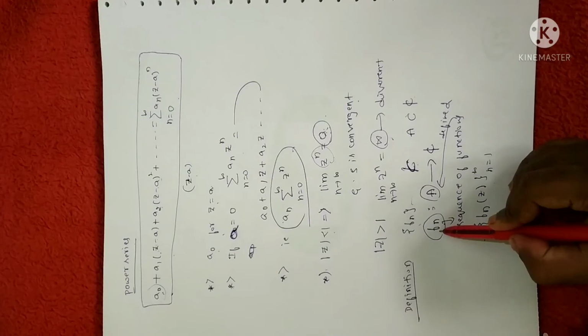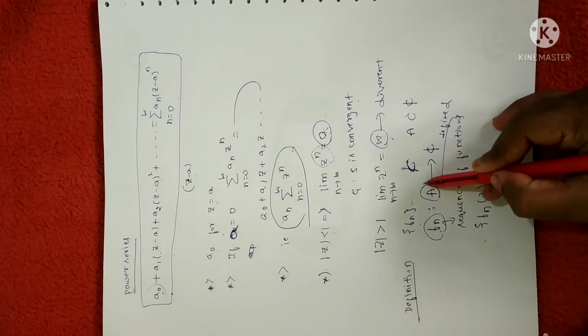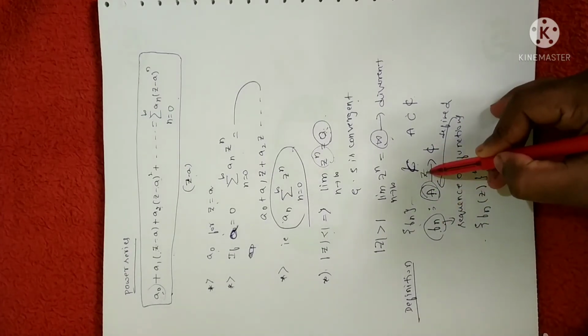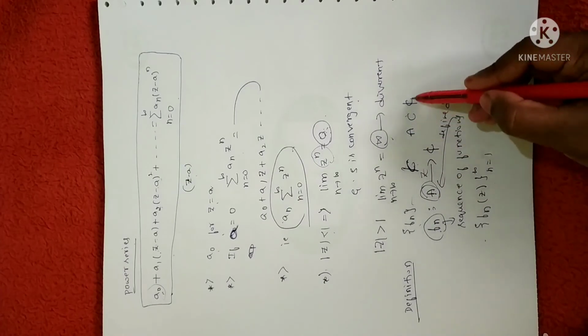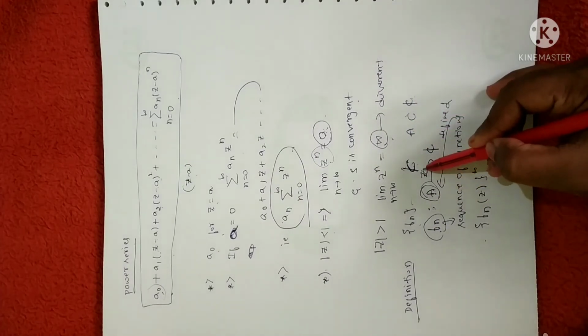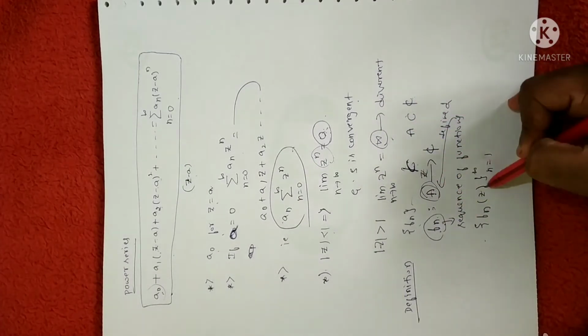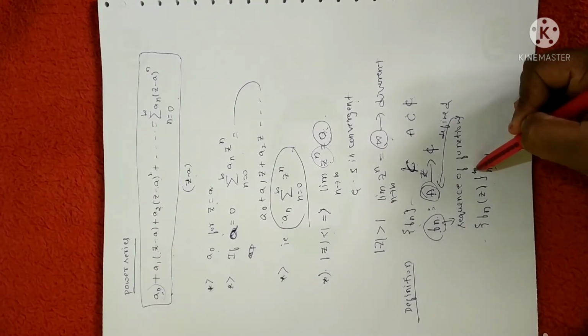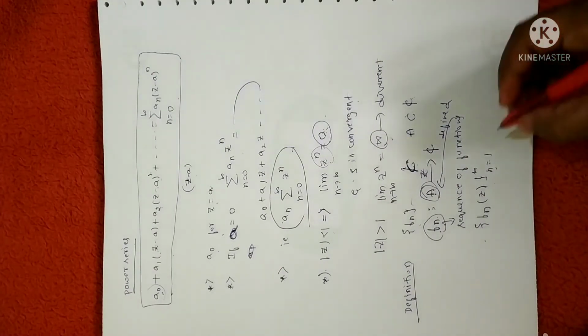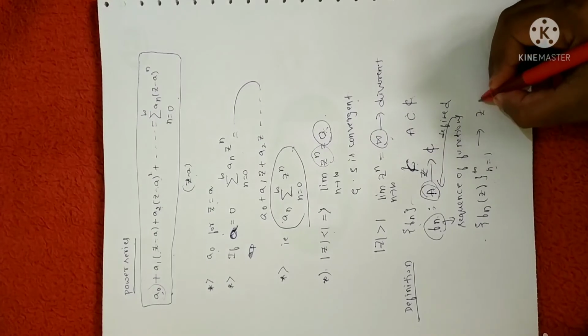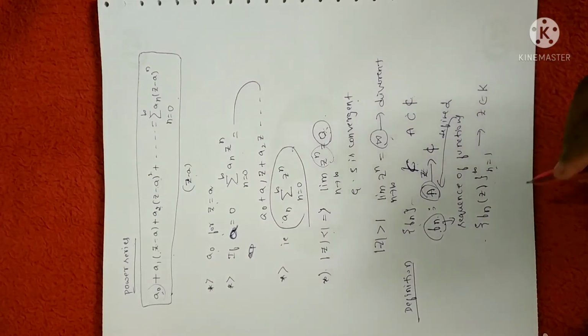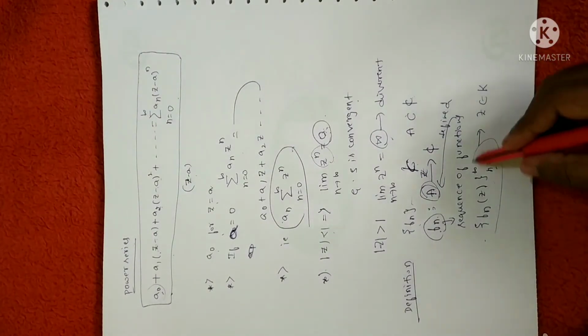Why? Because this function is mapping from A to C. All the elements of A will be of the form z, that is x plus iy, right? Why? Because A is a subset of C. So all the elements of A are z. So when you map this, you will get Fn of z, where n ranges to infinity, converging everywhere for z belongs to A. Then we say Fn converges pointwise.